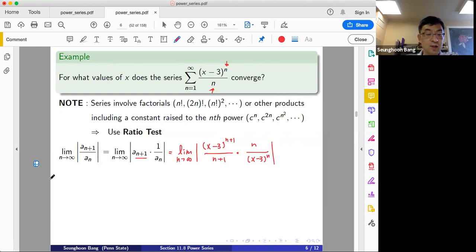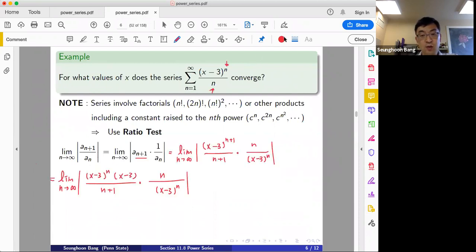Next, simplify. As n approaches infinity, the top one is exactly (x minus 3) to the power n times (x minus 3) over n plus 1, times n over (x minus 3) to the power n.